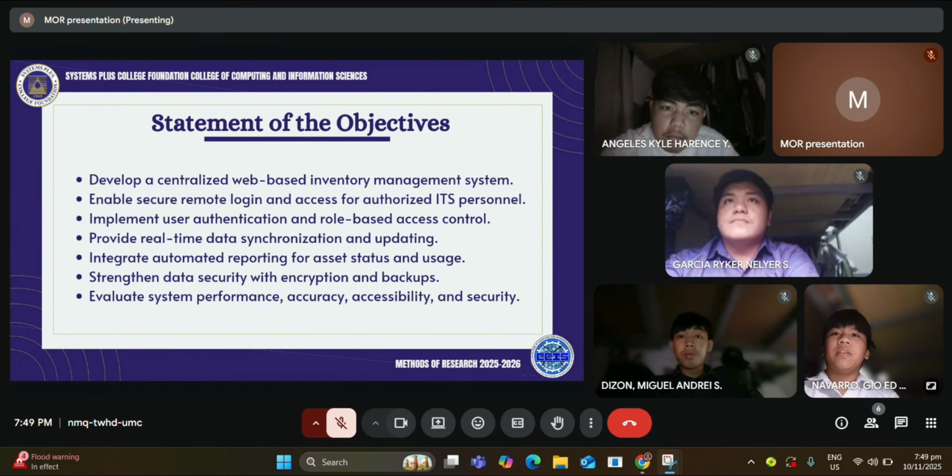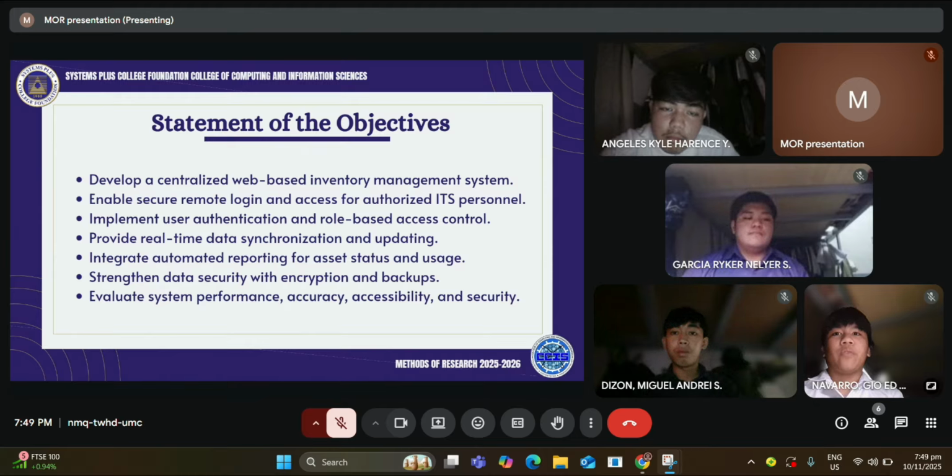Objectives. Our main objective is to design and develop a web-based inventory management system for the ITS department. Specifically, we aim to centralize all ITS asset information into a single platform, to integrate remote accessibility for authorized users, implement user authentication and role-based access control, enable real-time synchronization and automated reporting, and enhance data security through encryption and backups.